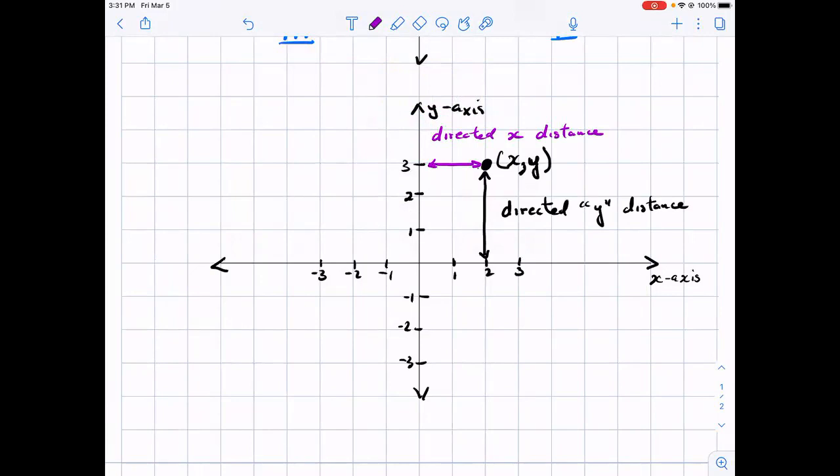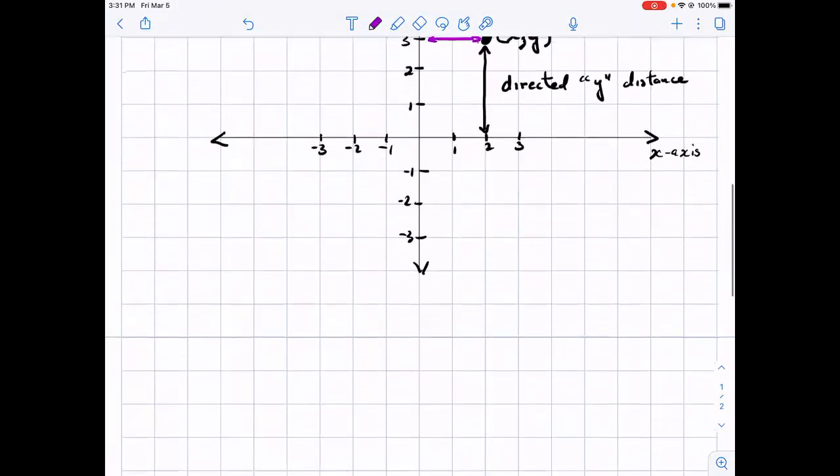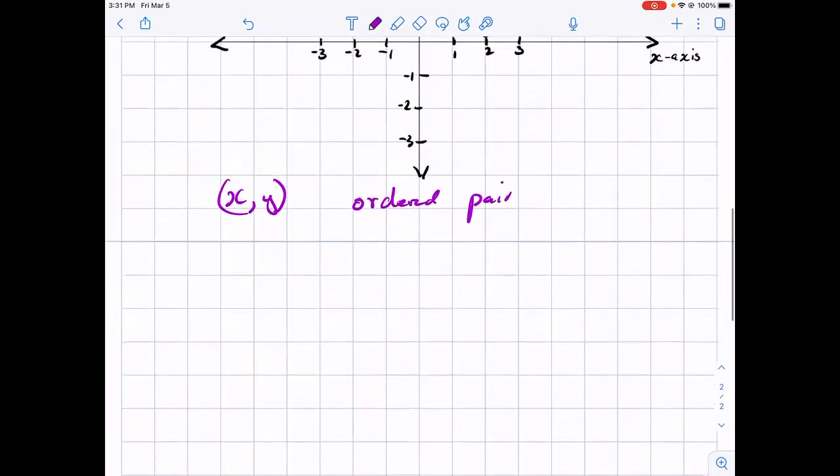So as we move up vertically, that's the y, and horizontally is the x. So when we have an ordered pair such as x comma y, this is called an ordered pair. And what this does is just give a location on the xy axis.